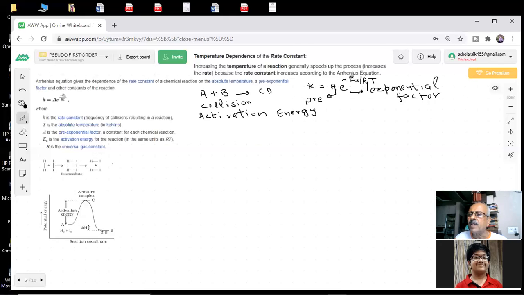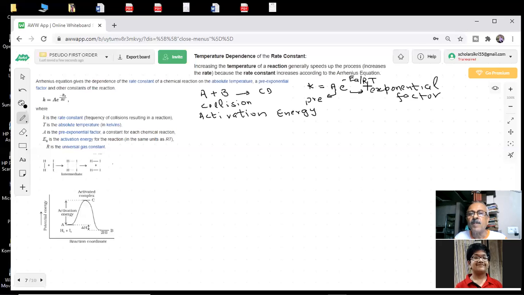But in a particular system, whenever you start a reaction, you mix the reactants. The molecules have a distribution of velocities. All the molecules do not have the same velocity. Some are moving faster, some are moving slower. Or in other words, there is a distribution of the kinetic energy of the molecules.